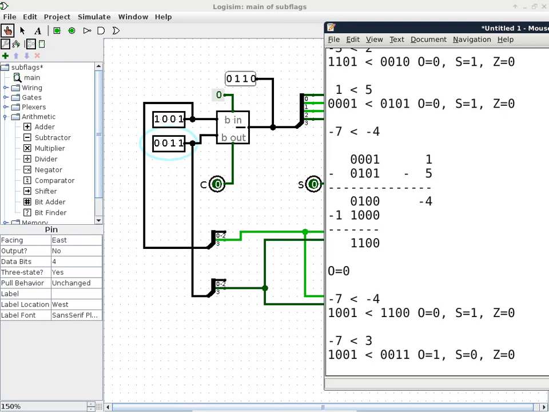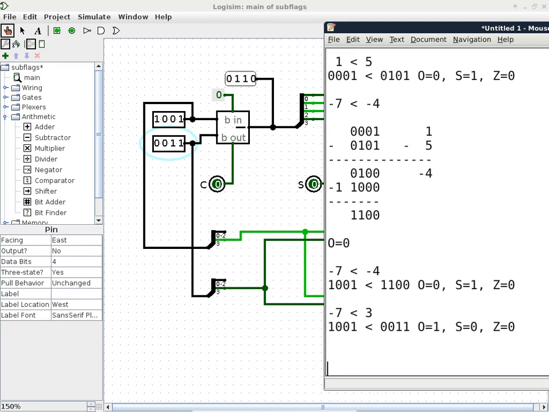I'll say that one more time in a logic expression. x is less than y in signed interpretation if and only if, when you subtract y from x, the overflow flag exclusive OR with the sign flag is a 1. That is what you're looking for.